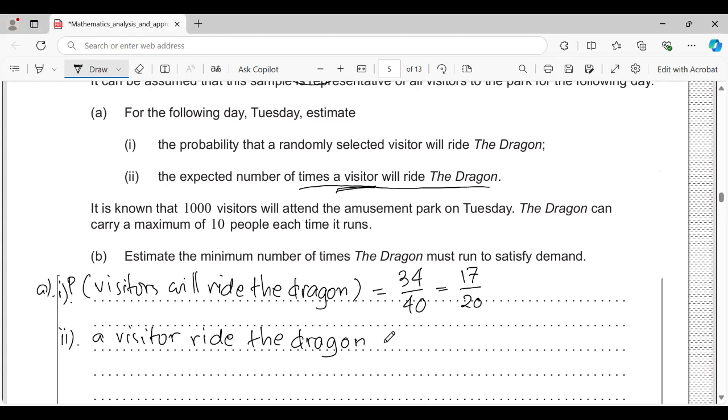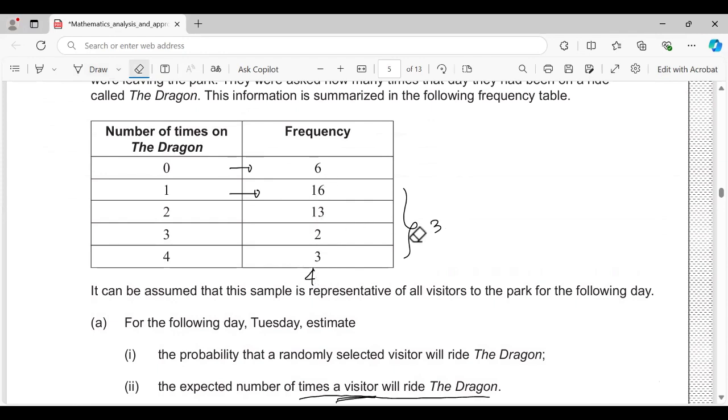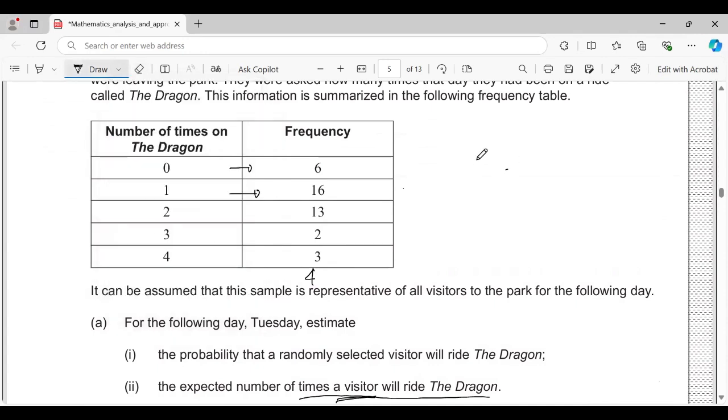We can determine it through calculation on this table: 0 multiplied by 6, 1 multiplied by 16, and 2 multiplied by 13, 3 multiplied by 2, 4 multiplied by 3.